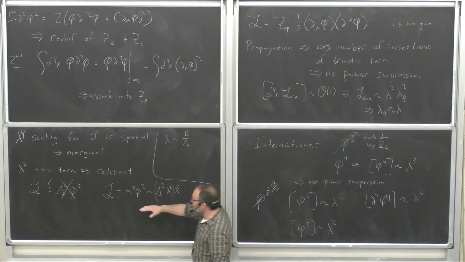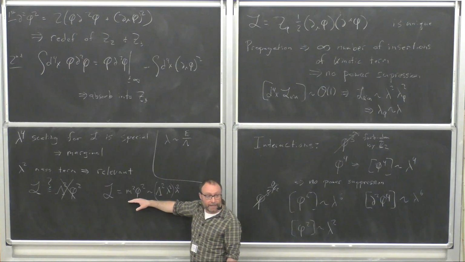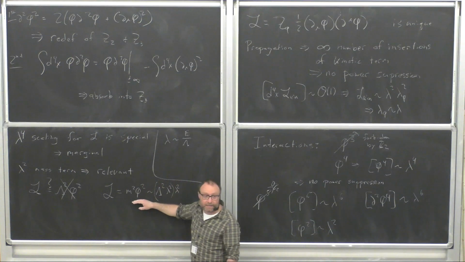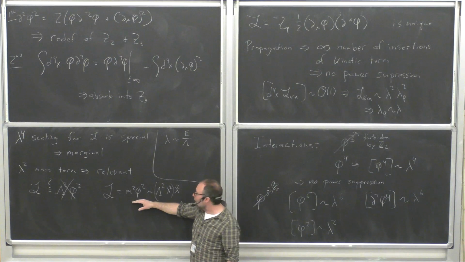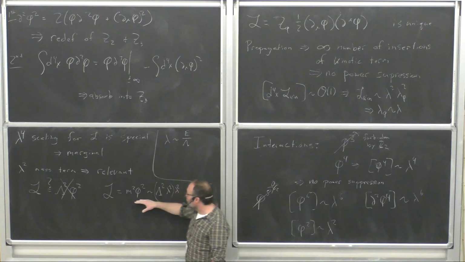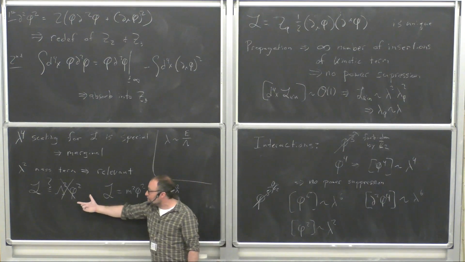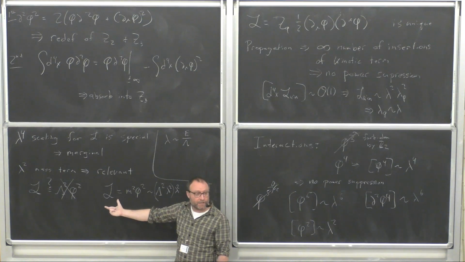But what we're going to find is that this violation of the naive dimensional analysis of the power counting is going to come back to bite us, and that's going to be the hierarchy problem, okay? And we'll talk about that a lot. I don't want to go into it now, but I just want to highlight that there's something weird we have to do, okay? And this is a generic feature of EFTs, okay?